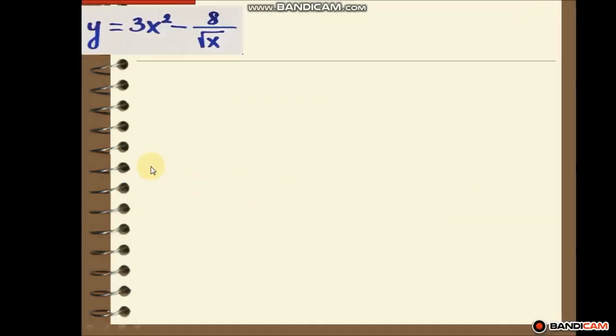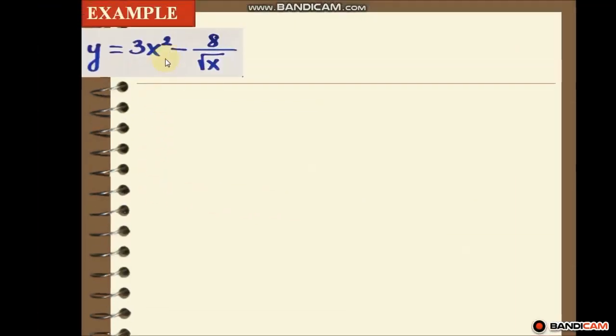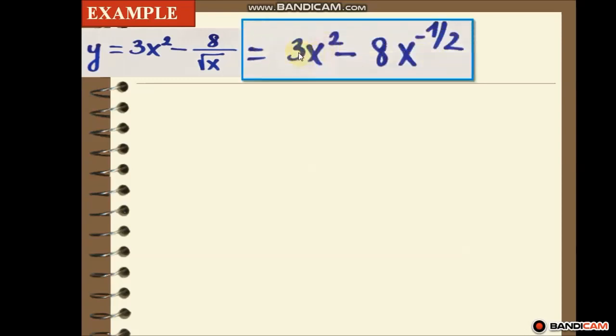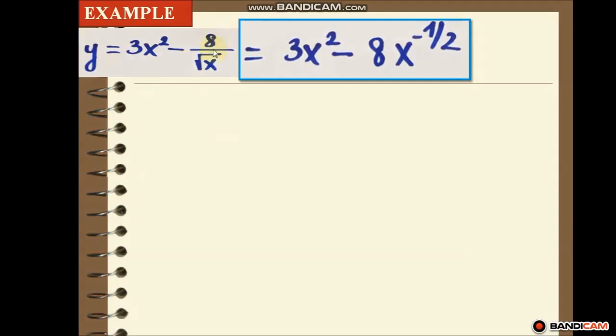Next example, y is equal to 3x squared minus 8 over root of x. Our given is in ratio form, that's why we also simplify it. This will be 3x squared minus 8x to the power of minus 1 over 2, since 1 over root of x means x to the power of minus 1 over 2. And from this one, take the first derivative.